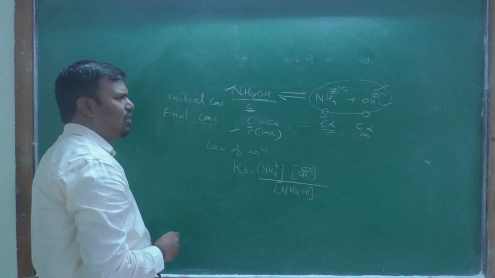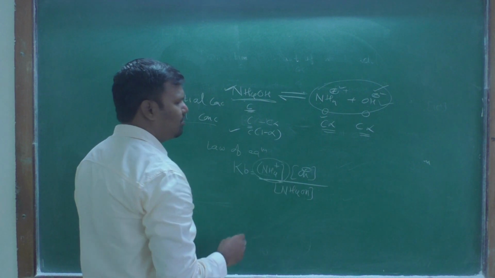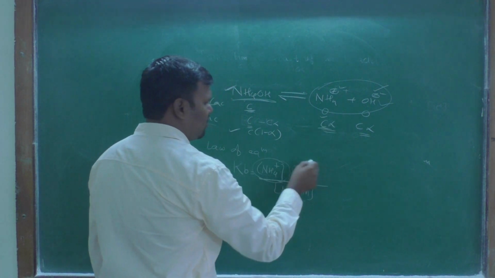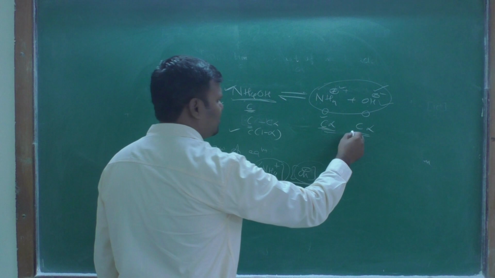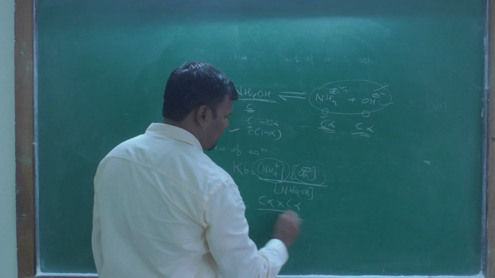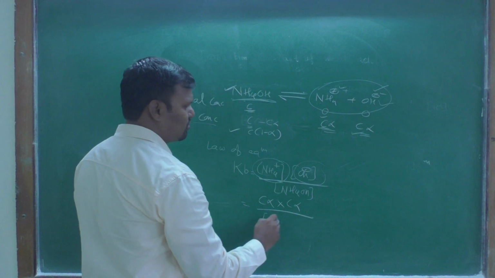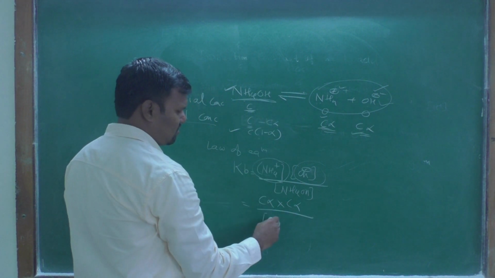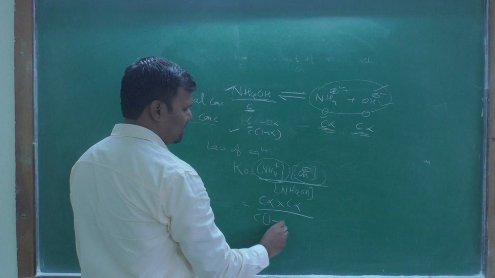By putting the values, the concentration of NH4 plus after some time is C alpha, the concentration of OH minus is C alpha, therefore C alpha into C alpha upon C into 1 minus alpha.